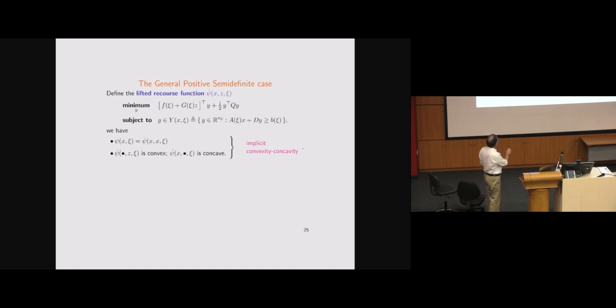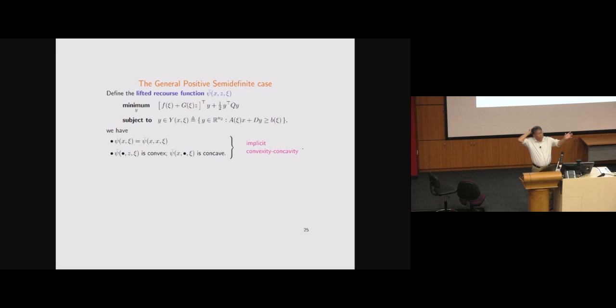The other thing is that when you fix z, this is going to be convex in x. And when you fix x, this is going to be concave in z. So think about DC, right? DC is convex minus convex. If I fix the second component, it's convex. When I fix the first component, it's concave.